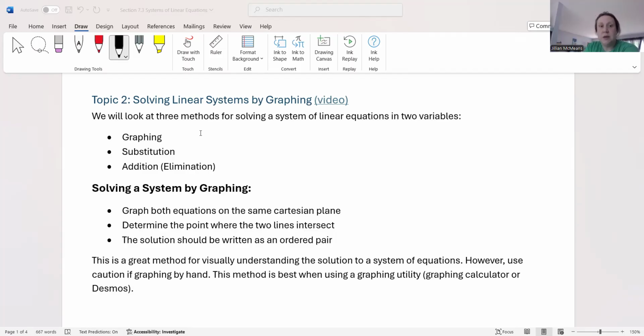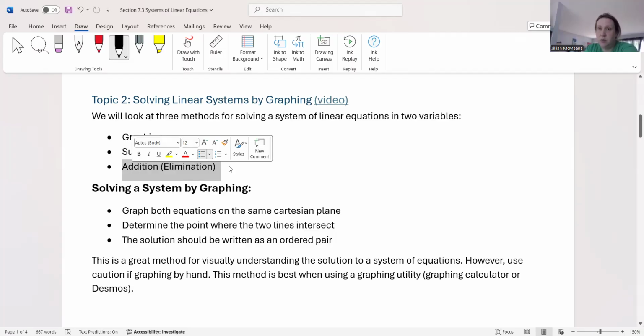Again, we're going to look at three methods: graphing, substitution, and addition or elimination. It just depends on the book which one you're going to call it. Both make sense once you see how it works. So let's talk about graphing. If you were to solve a system by graphing, you would want to graph both equations on the same Cartesian plane, and then determine the point where the two lines intersect. This is really great if you're using a graphing utility.